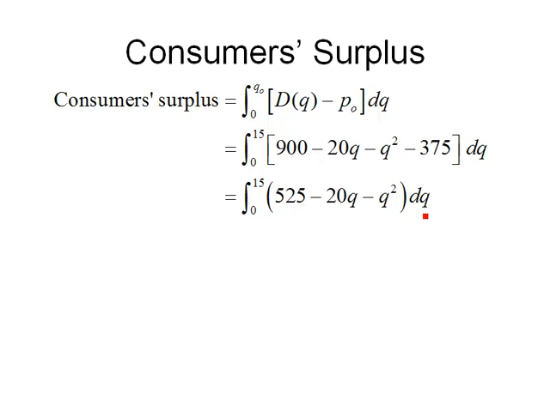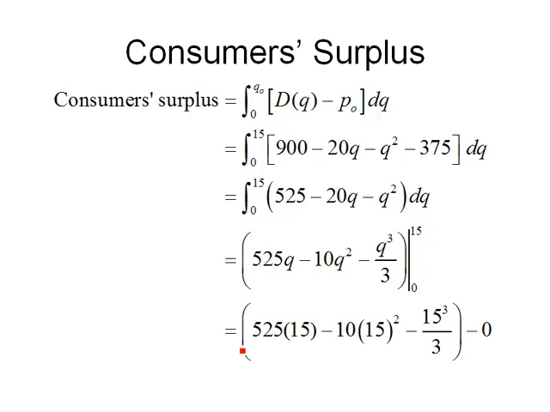And now I'm going to apply the fundamental theorem of calculus. I'll find the antiderivative and then evaluate this at 15 and 0 and subtract. So the antiderivative is 525Q minus 10Q squared minus Q cubed over 3. And the fundamental theorem of calculus says evaluate that over 0 and 15 and subtract.